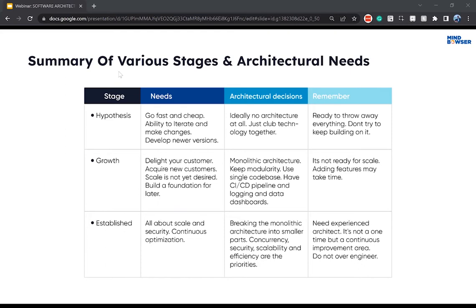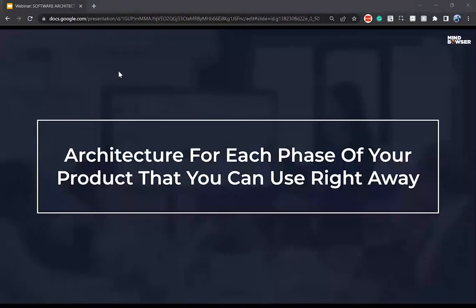Got it. Yeah, totally makes sense. For sure. So now let's go to a deeper dive into the more technical architecture side of things. Let's go through each stage, the 3 stages we discussed, one by one, and try to understand the architecture of each stage and how one should plan for it.